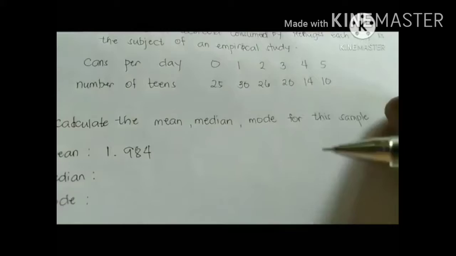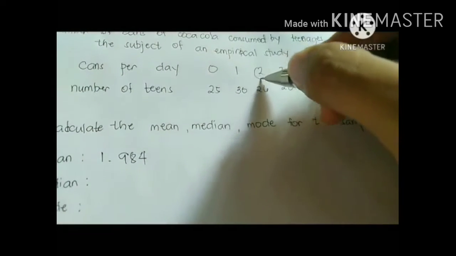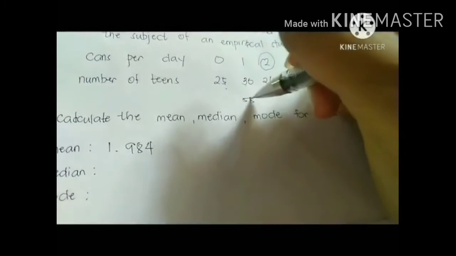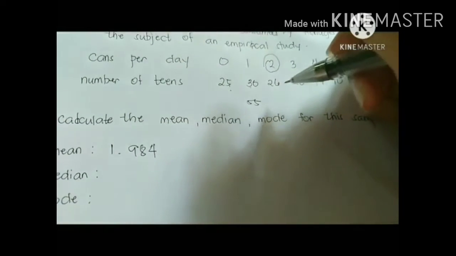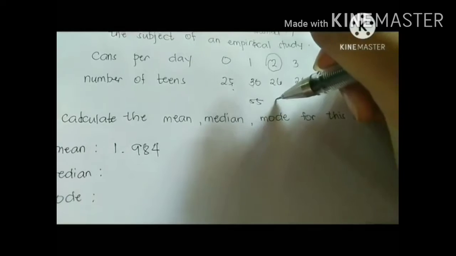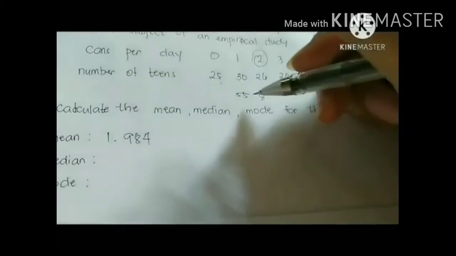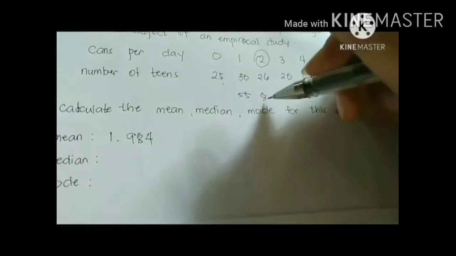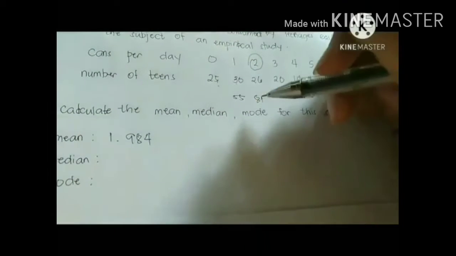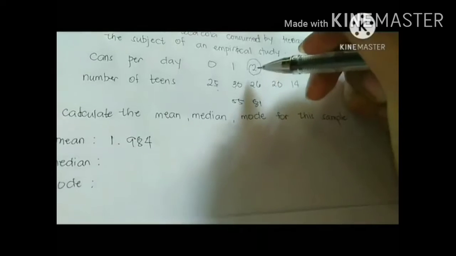We have 25 plus 30, we have 55. 55 plus 26 is equal to 81. So the 63rd position we will find in between these two, and the nearest is 2. So we will have 2 as our median.